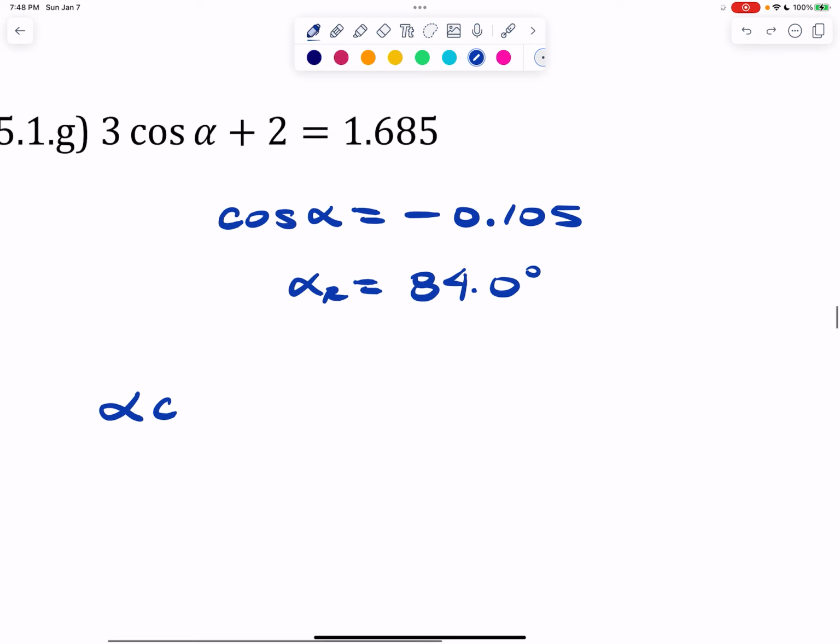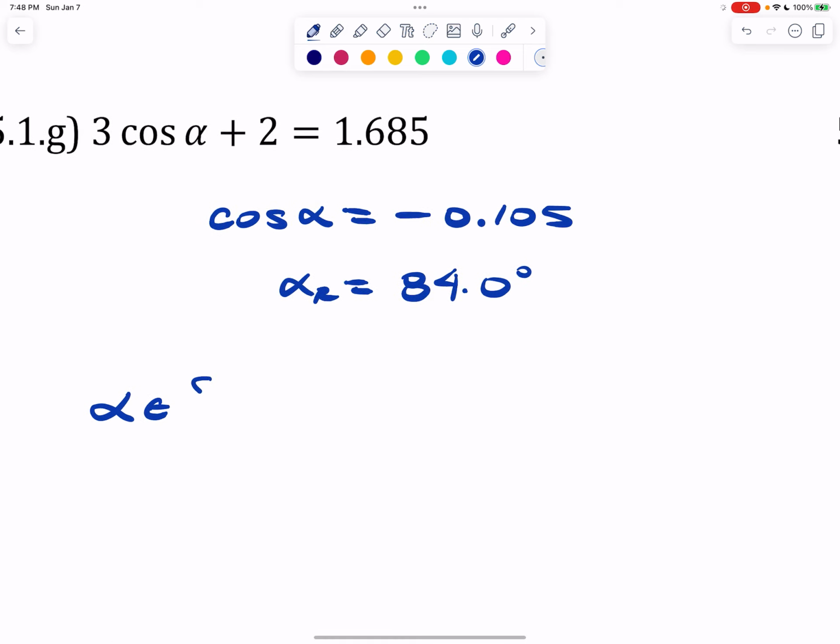Therefore, alpha must be the quadrant 2 version, so 180 minus 84, and 180 plus 84. That's that one. Take a minute, try the next one, see how it goes.